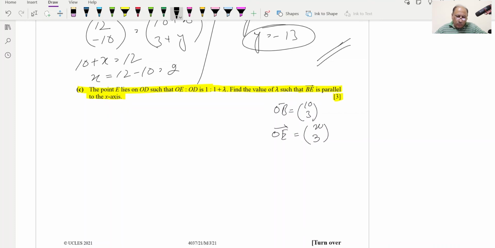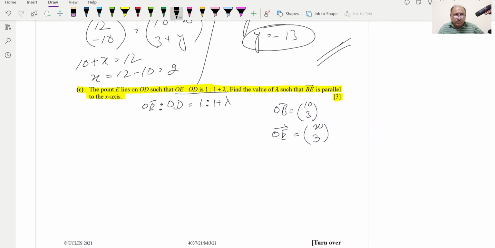So they are saying OB is equal to this one, and OE is this. Now if we write, for example, OE to OD is 1 to 1 plus lambda. So we can write this by multiplying the inner one with the inner one and the outer with the outer: OE to OD is equal to 1 to 1 plus lambda.